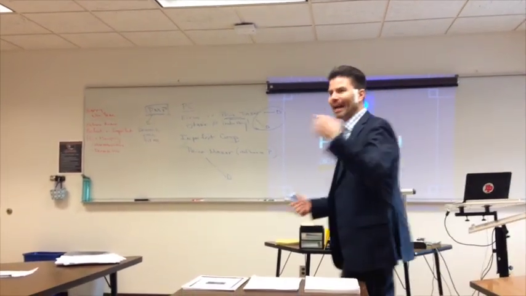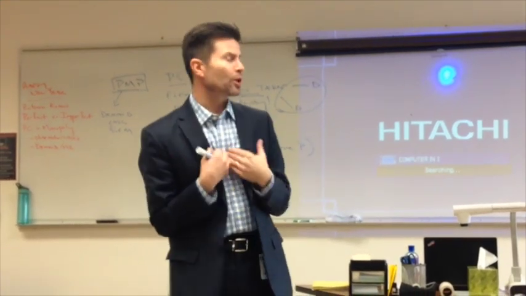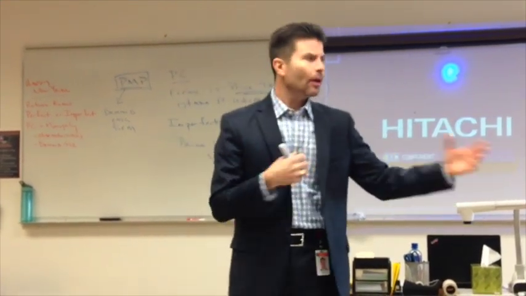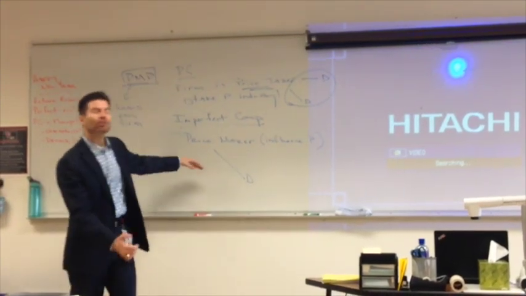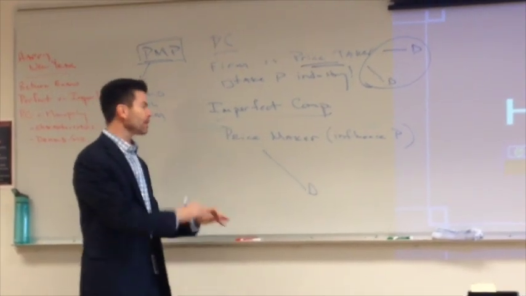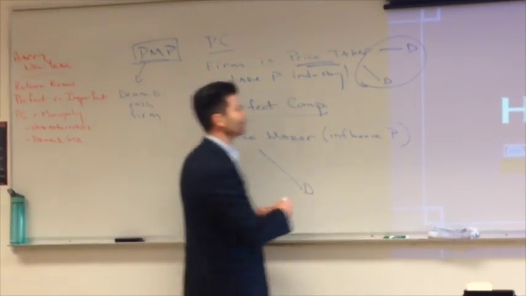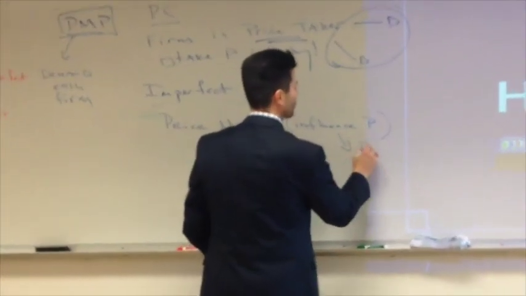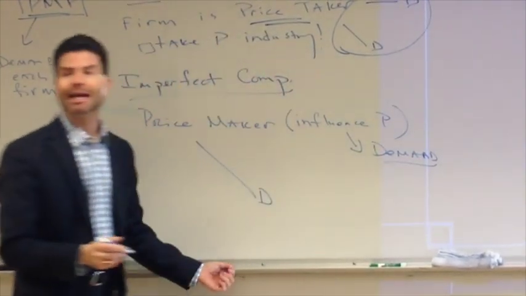You have better advertising. You put your business in a better location. All those different things will influence your demand. And if your demand changes, your price will change. So a price maker has the ability to alter their demand. When it says influence price, you can also say it has the ability to influence their demand.